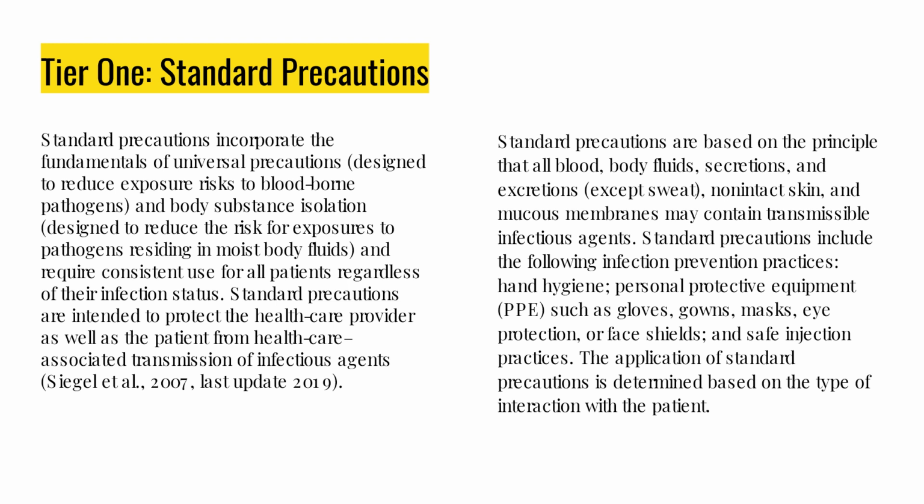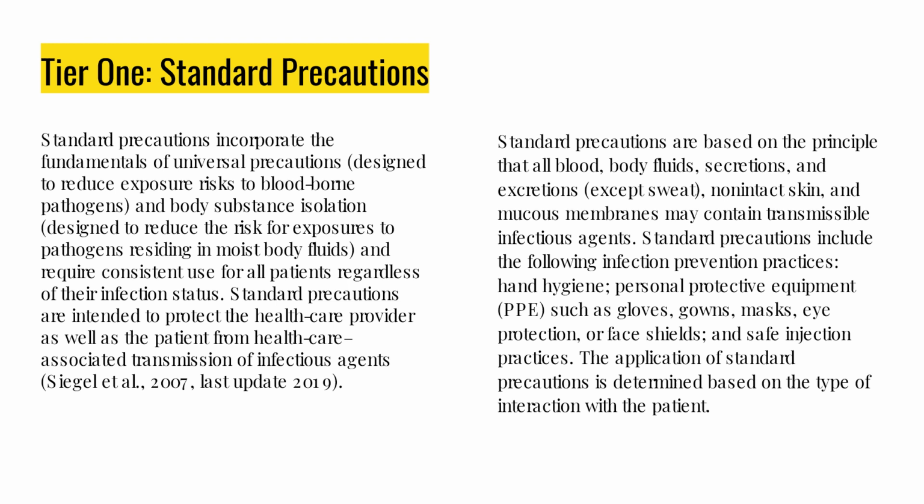Standard precautions include the following infection prevention practices: hand hygiene, personal protective equipment, PPE, such as gloves, gowns, masks, eye protection, or face shields, and safe injection practices. The application of standard precautions is determined based on the type of interaction with the patient.